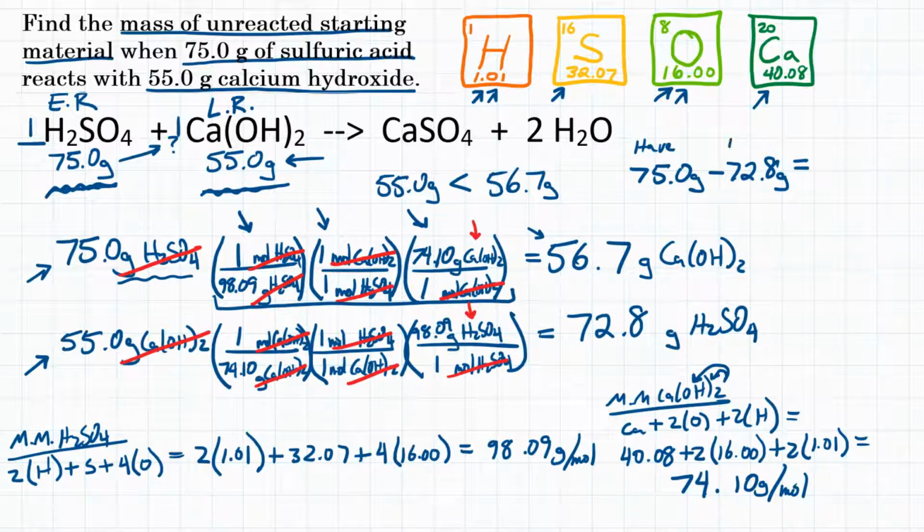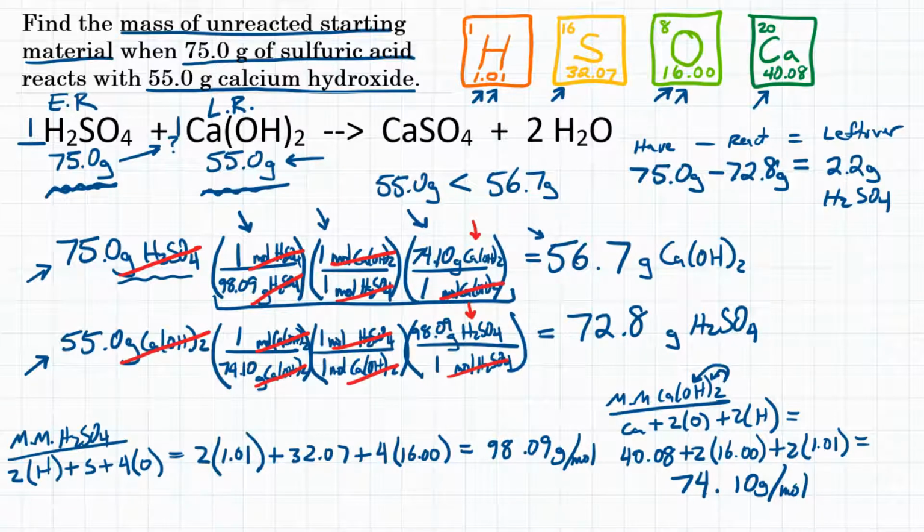This is how much will react. If we subtract those, we will get how much is left over. So 75.0 minus 72.8 gives us a mass of 2.2 grams of H2SO4 that is left over.